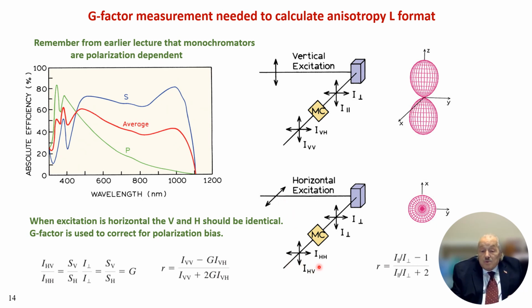You get two different intensities, and they tell you that there's a different sensitivity to polarization in the two different directions, and you can use that to correct for the two measurements you made, so you have a slightly different expression for the anisotropy. This G factor is only correcting for the light of different polarizations that may not go through the monochromator with the same efficiency.